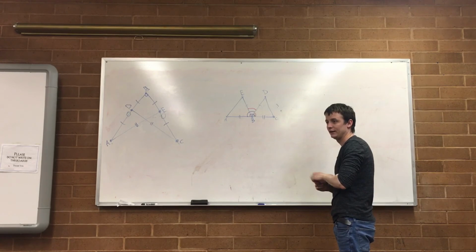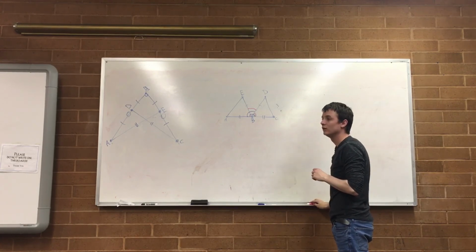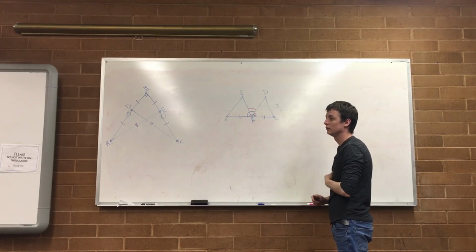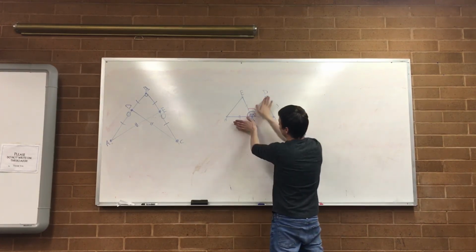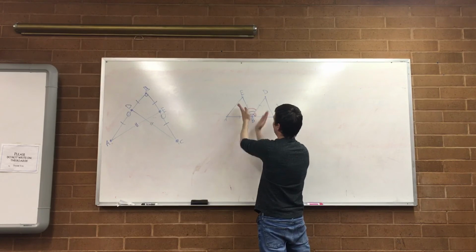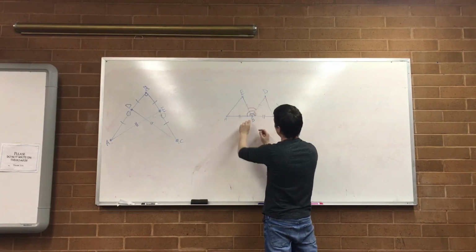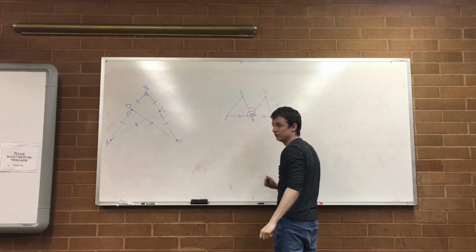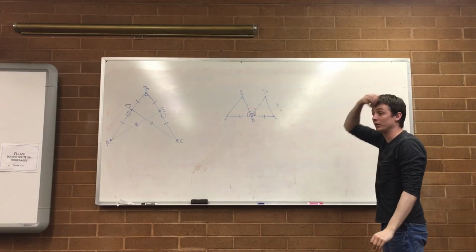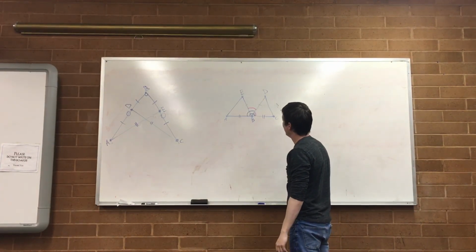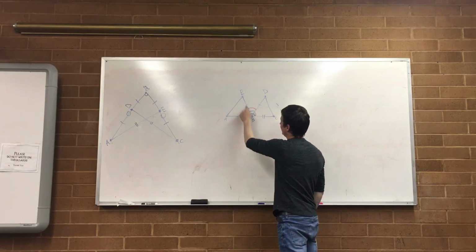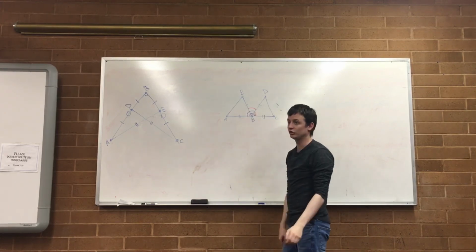And then side equals side. By postulate, since that angle is congruent to that angle, and that angle is congruent to itself, then that angle is congruent to that angle. It's just using one of the postulates directly. And so now we have side, angle, side. The two triangles are congruent.